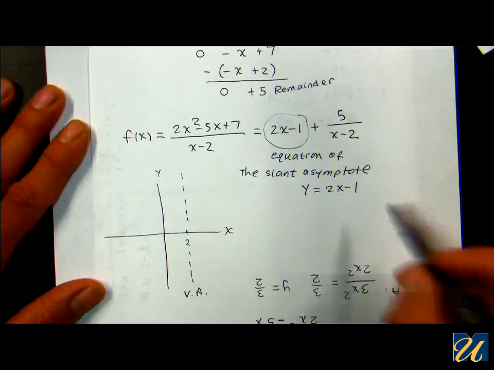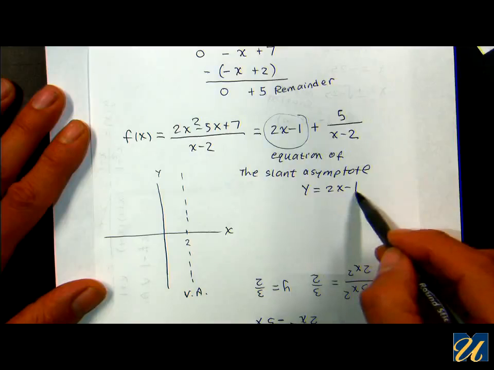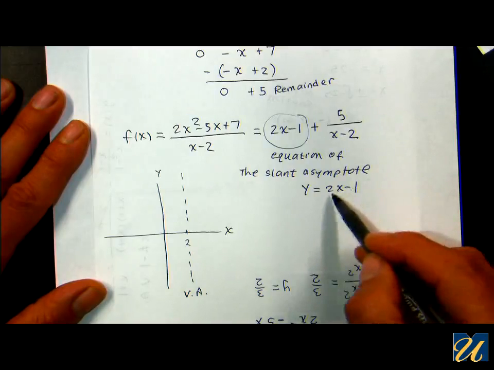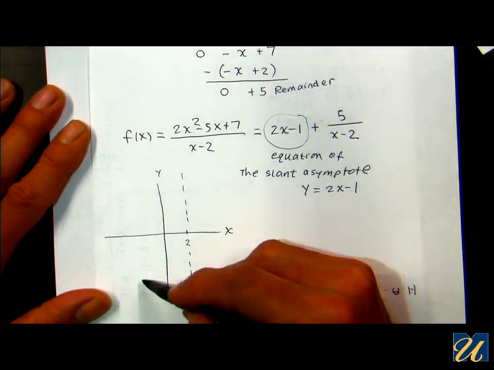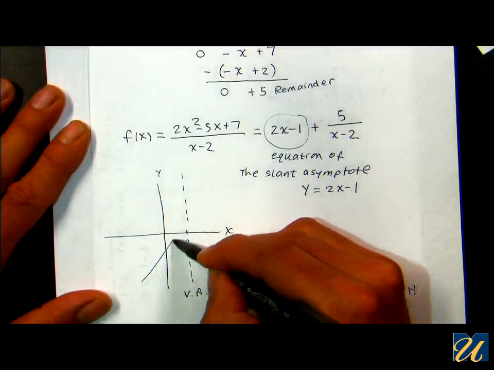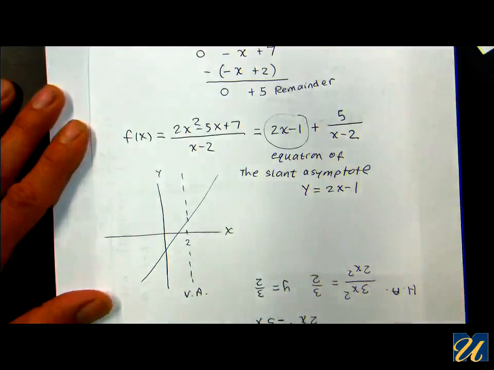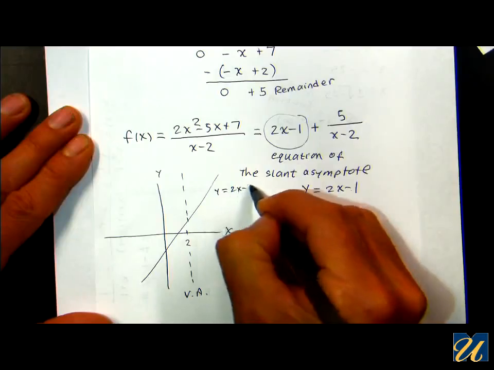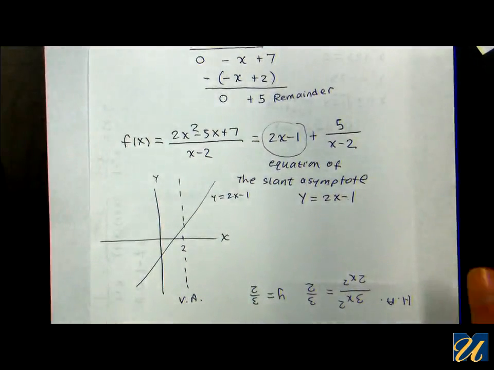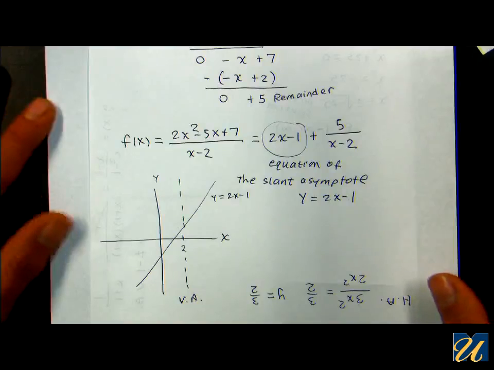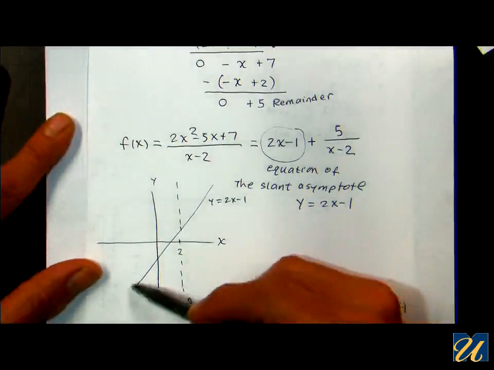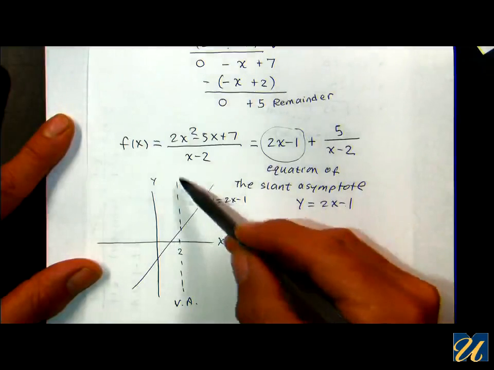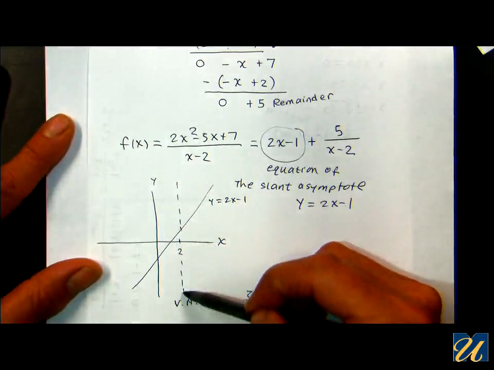Now we have a slant asymptote, y equals 2x minus 1, a straight line. Y-intercept negative 1, slope 2. So that comes up roughly like that, say. There's your slant asymptote. So that is y equals 2x minus 1. And the graph of the rational function is trapped between the slant asymptote and the vertical asymptote.